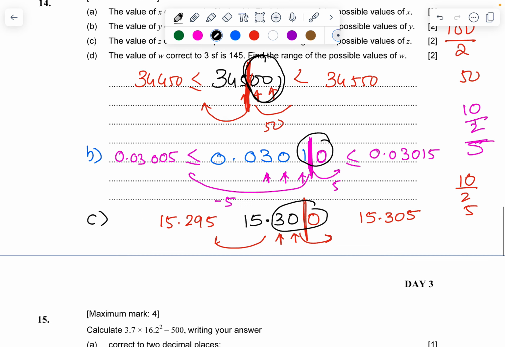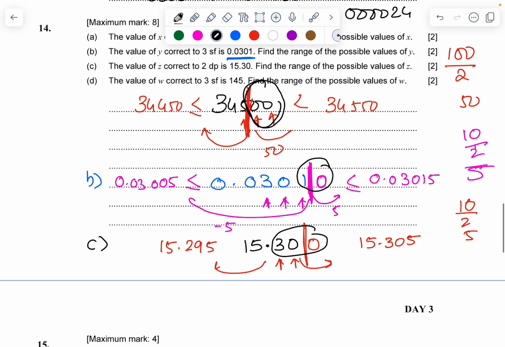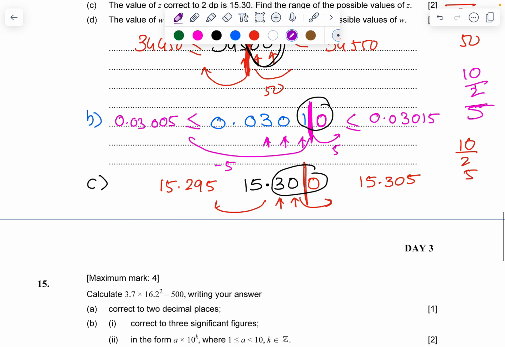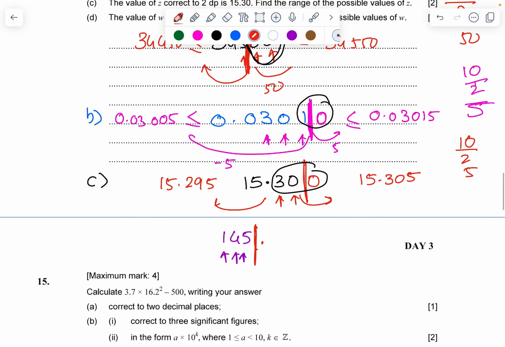Same is the case. And finally, part D. 145 is correct to three significant figures. 145. 1, 2, 3. So it is after that. So it is 1.0 divided by 2. It becomes 0.5. So add 0.5, it becomes 145.5. Subtract 0.5. Add 0.5, subtract 0.5.